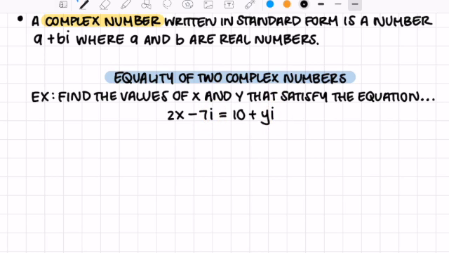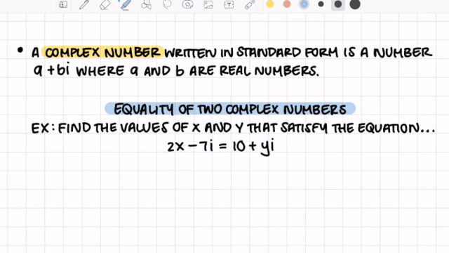So if I want to solve for the x value and the y value here, I'm going to first start off by thinking of i as a like term. Anything that has an i next to it, we can say are like terms with each other.